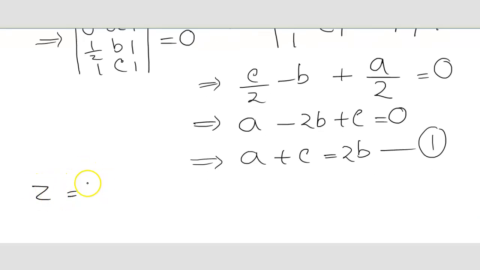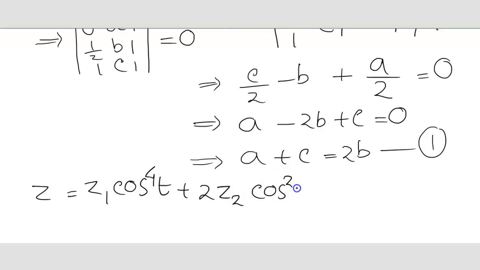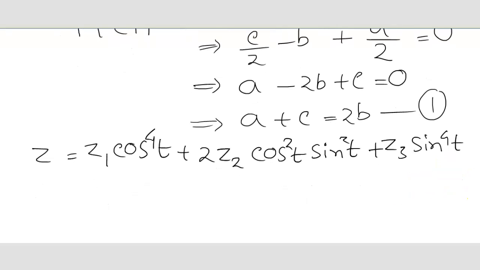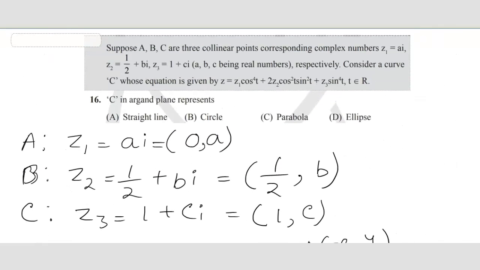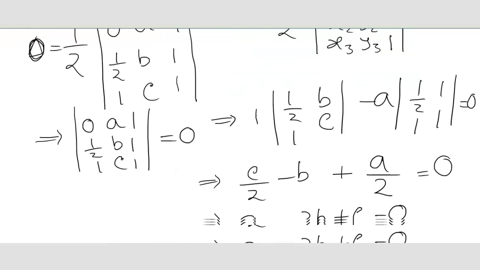It is given by this, 2z2. I hope I wrote it perfectly. Yeah, I wrote it perfectly.